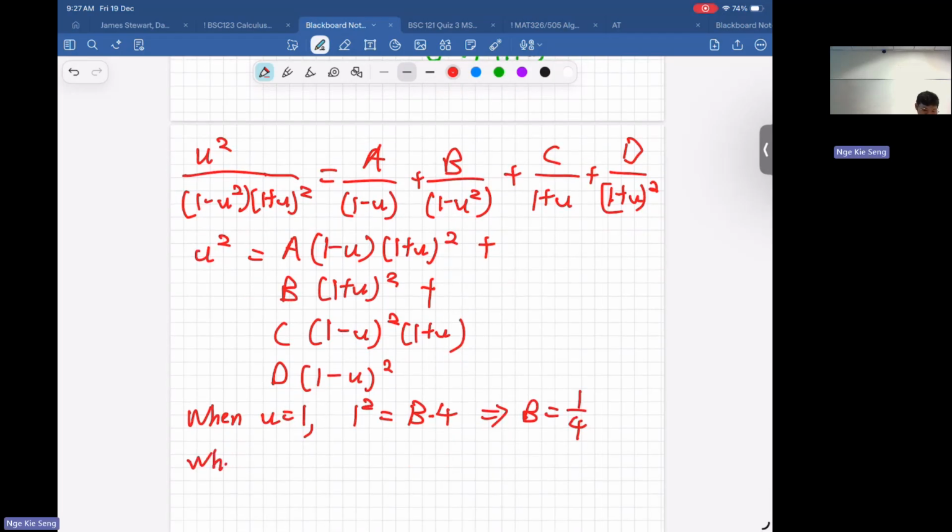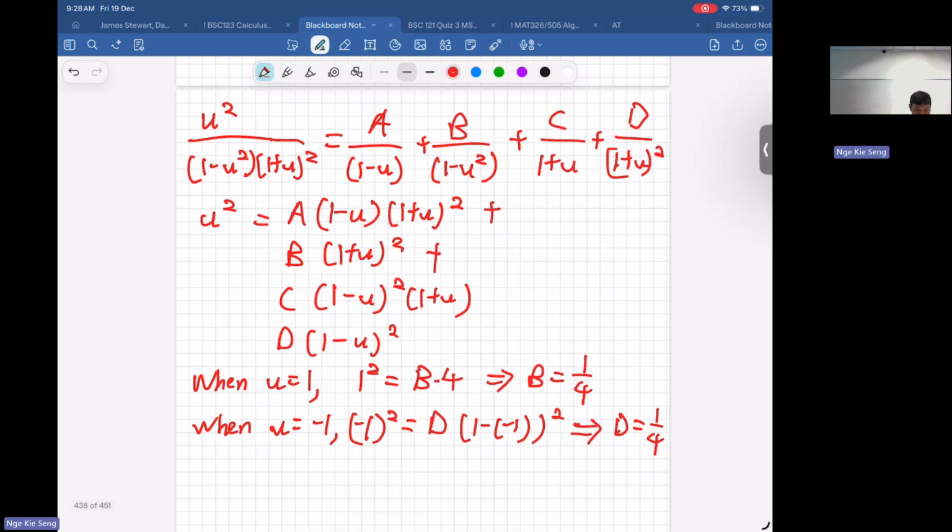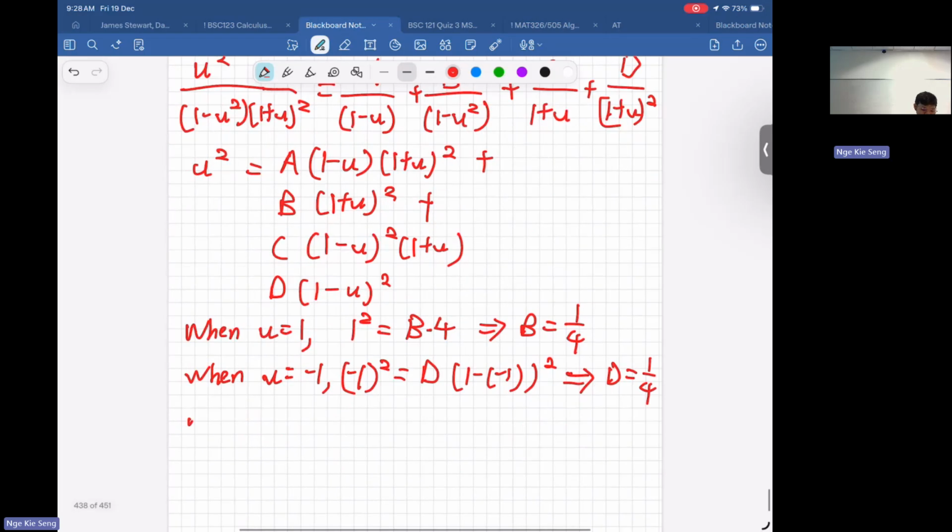Okay, and then when u equals minus 1, minus 1 square equals d times 1 minus minus 1, which is 2. So d will become 1 over 4 as well. Okay, so we need to figure out what c and a are. What value can we try? Try 0. 0 is easy.